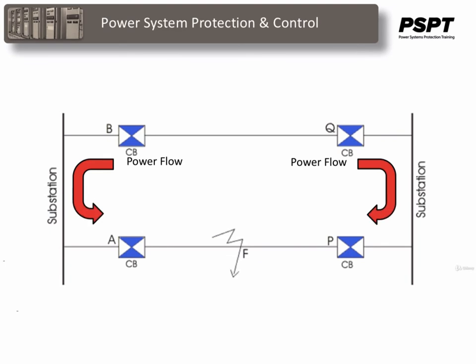And in this case, overcurrent relays don't have any directional characteristic, so you're bound to get erroneous tripping or erroneous operations. So, how do we solve this problem? Well, we solve it using a directional type overcurrent relay.